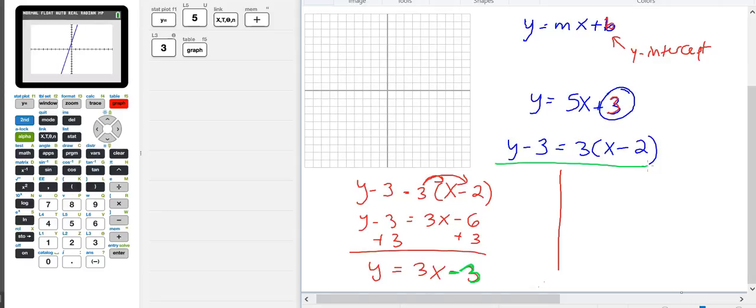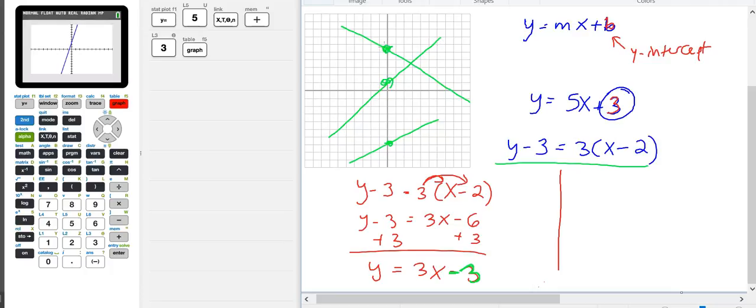If you'll notice on the calculator, the equation that we graphed before, y is equal to 5x plus 3, is a different equation, a different line. But wherever any graph crosses the y-axis, the x-coordinate of that point is 0. If it crosses over here, the x-coordinate is 0.